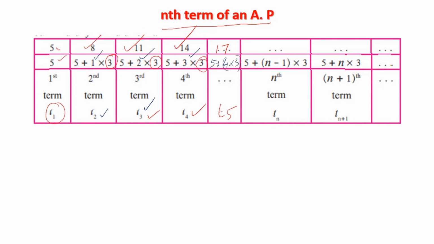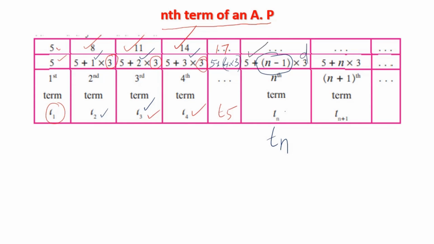So we got an idea that whenever we are finding the next term, we have a general concept: if we are trying to find the nth term, we will be multiplying the difference with n minus 1, just 1 back, and then add the first term.